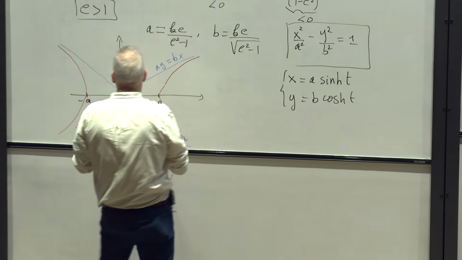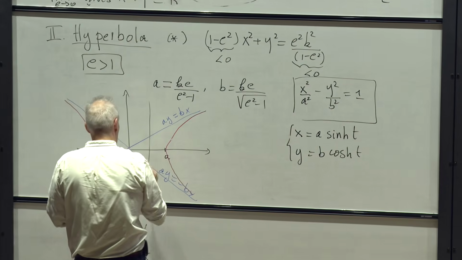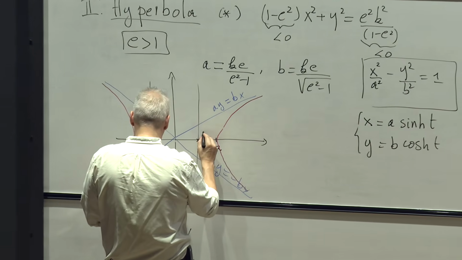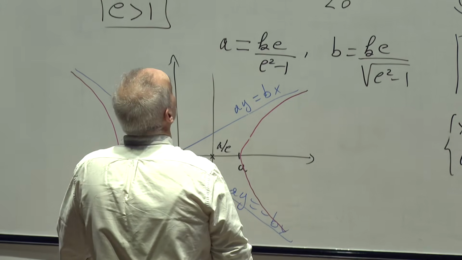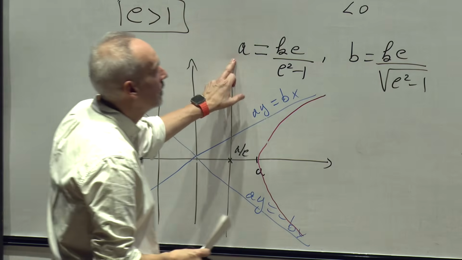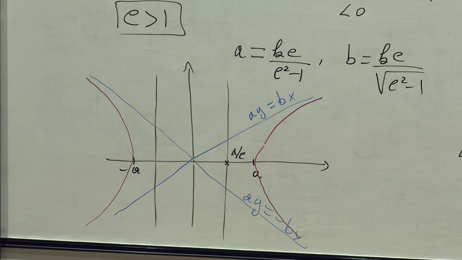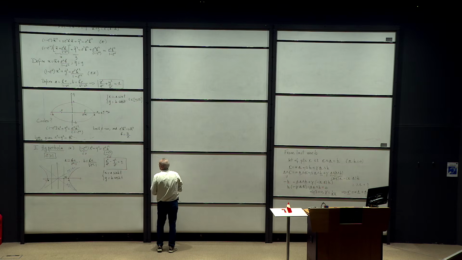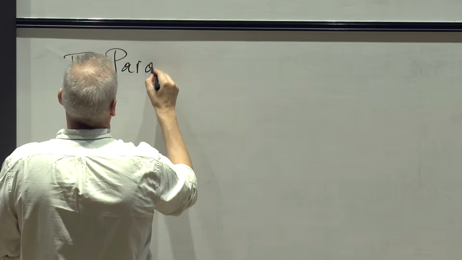One more point here is that the directrix here is, you can check, at a over e. Right, from this relation. Okay, so number 3, parabola.